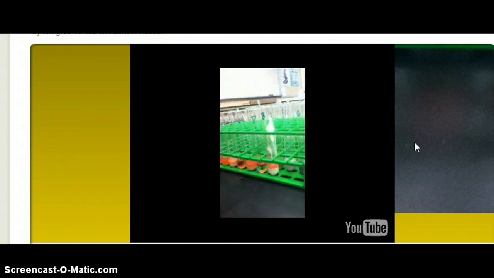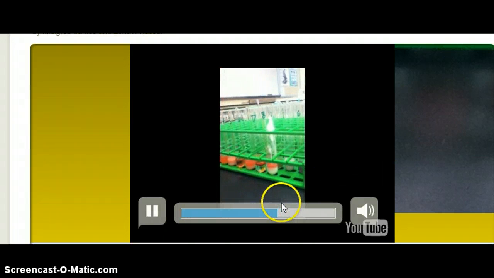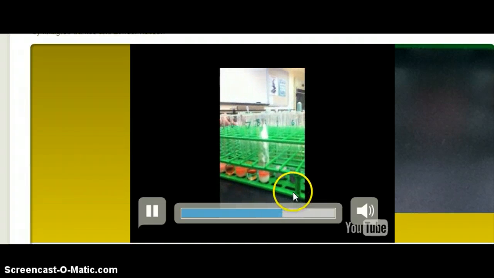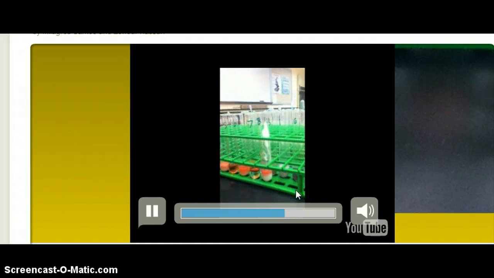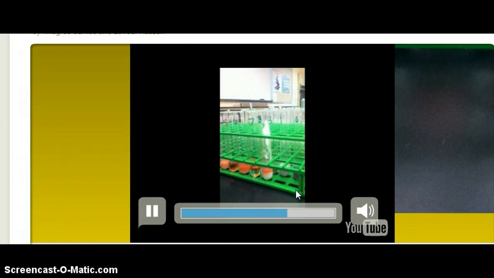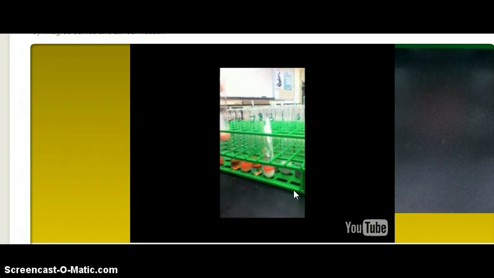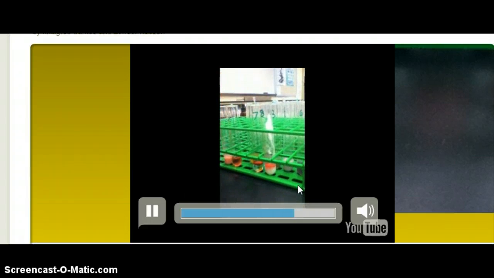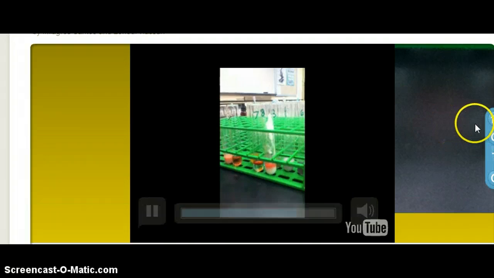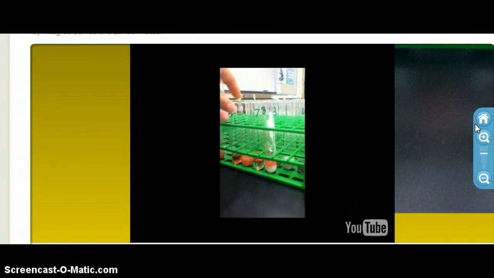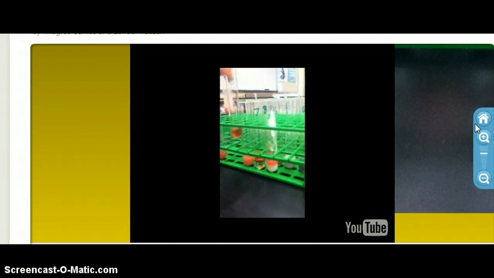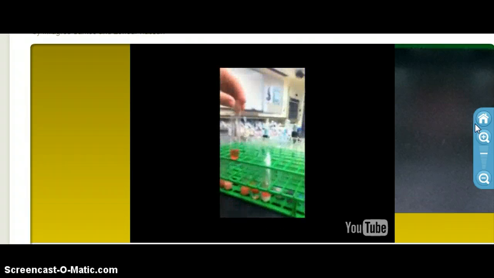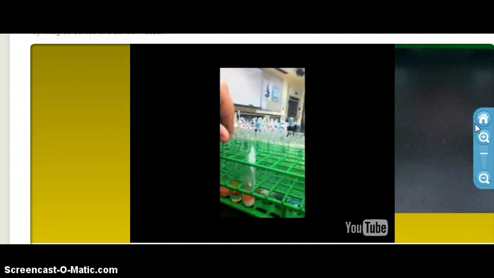Yeah, it looks like the positive results are number 7, 8, and let's see, maybe number 6. It doesn't look like any of the unknowns have fats in them, except for number 3, or maybe number 6.